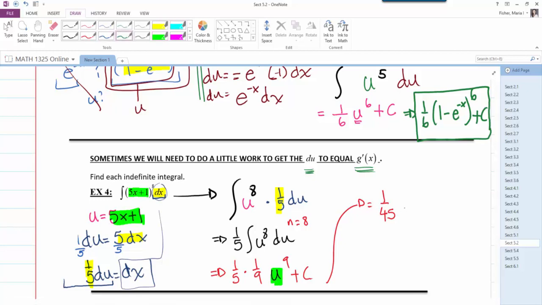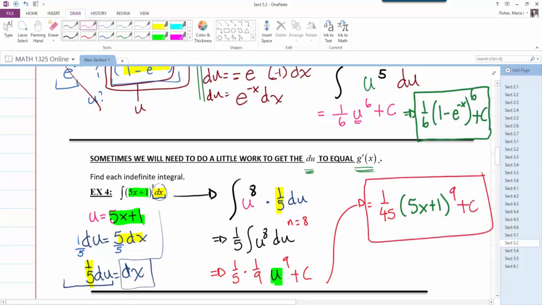So that is your 5x plus 1. All of that raised to the 9th power plus c. So the integral of 5x plus 1 to the 8th dx is 1/45 times 5x plus 1 to the 9th plus c. Let's look at example 5.